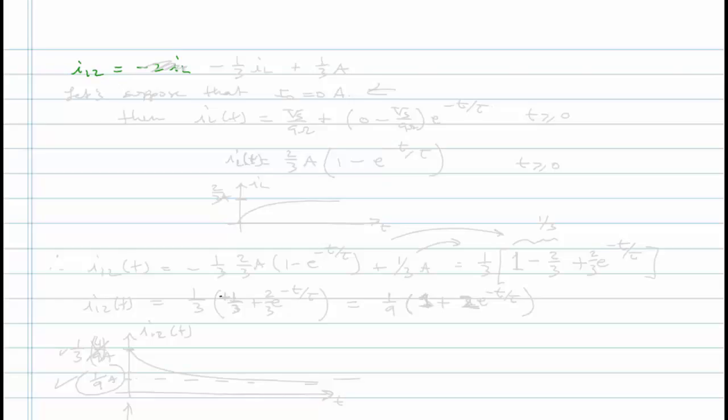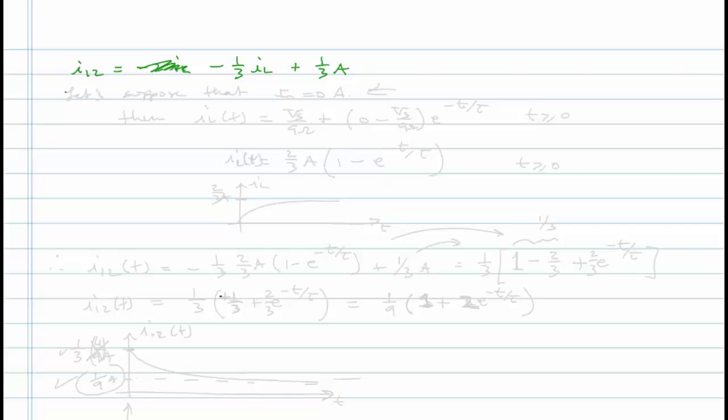What am I missing here? Okay, that's 1/3. I don't know what I was thinking. Okay, minus 1/3 IL, and then plus, we have Vs as 6 volts, so it's going to be 6 over 6 plus 12, and that will be 1/3 of an amp.